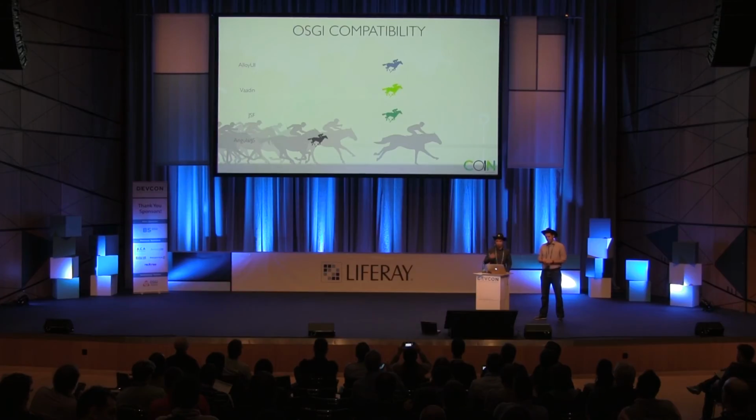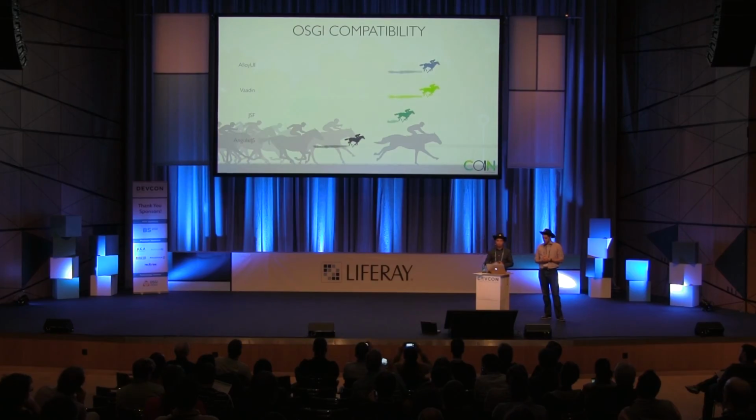Next up, OSGi compatibility. Of course, with Liferay DXP and OSGi, you want to make sure that your portlet really is a good OSGi citizen and that you can use all the specs and all the details that OSGi supplies for you. What we see here is that AlloUI and Angular are really supported on Liferay DXP for the backend, so they are fully OSGi capable, which is perfect. Vaadin itself is also a very OSGi compatible library, so that's not a problem either.